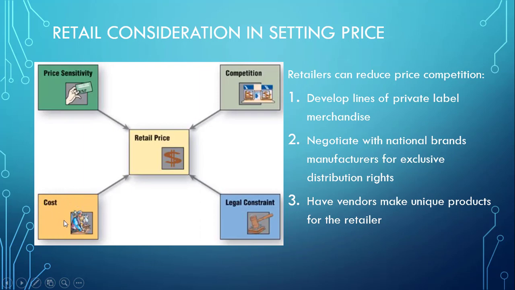If you are going to deliver the products yourself to your retail store from the manufacturers, you have transportation costs, loading and unloading costs, salaries to pay your employees, rent to pay, and different utilities like electricity, telephone bills and so on. So these are the costs that you are going to consider in setting the price.